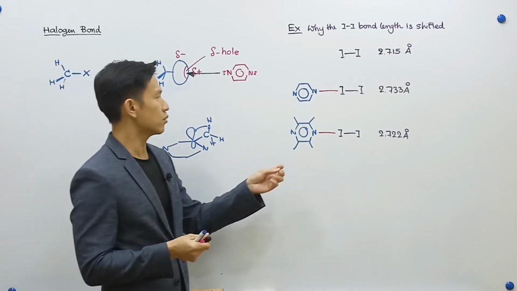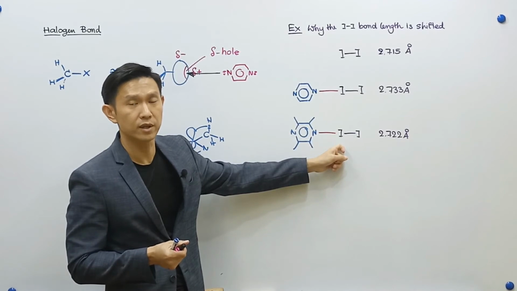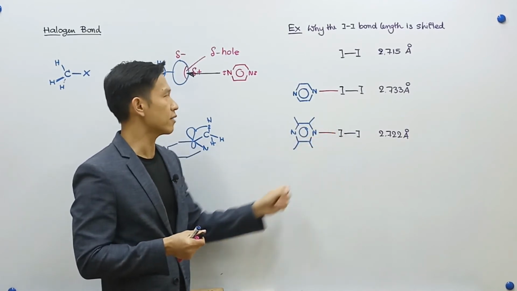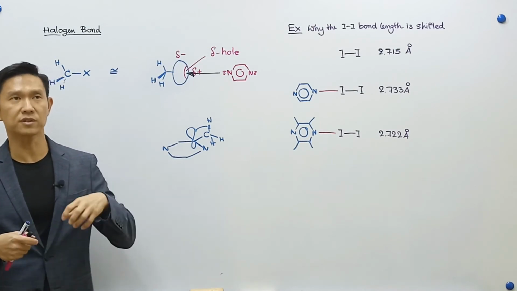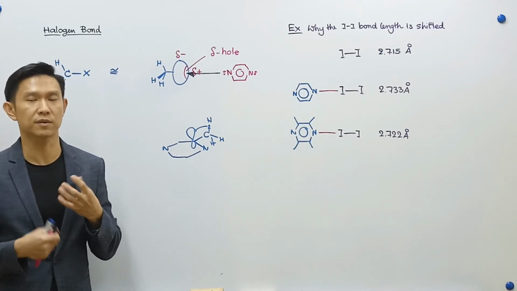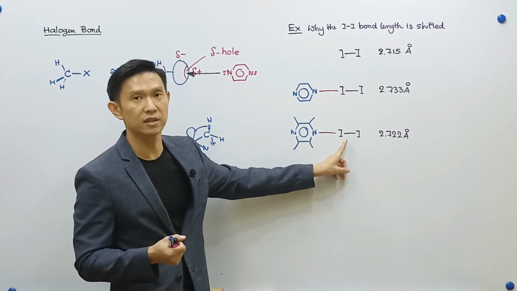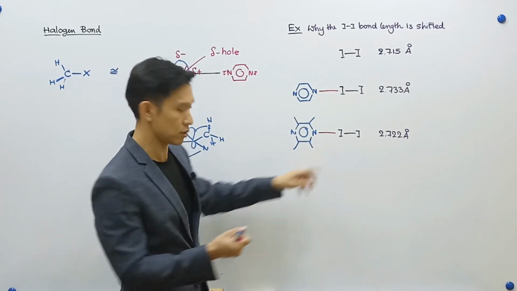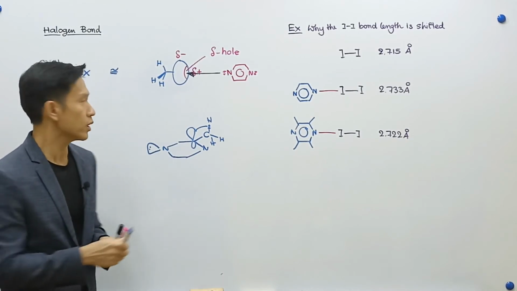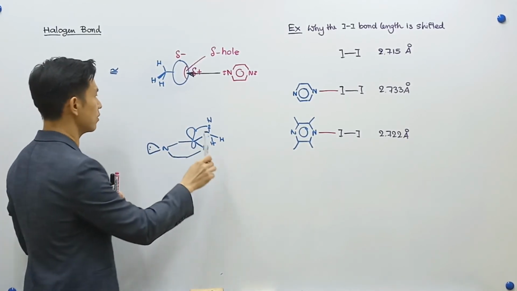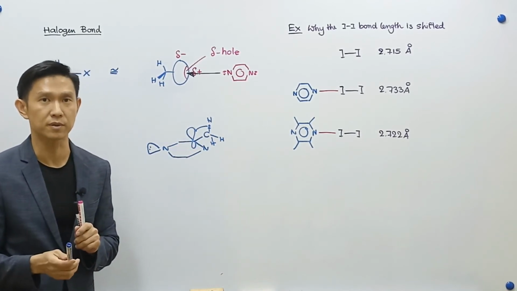But the electron which is donating to iodine is not in your pi system. Right? The four methyl groups are electron donors to the pi system. And it's good for electrophilic aromatic substitution, things like that. But the electron pair interacting with iodine is in your sp2 orbitals, right? Because you are talking about the electron pair here in sp2, not in your p orbital, not increased by the hyperconjugation effect of the methyl group.